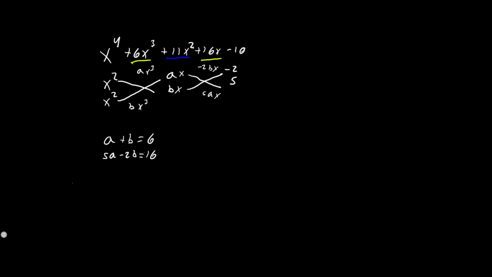So let's guess 4 plus 2 is equal to 6, and 5 times 4 minus 2 times 2 is equal to 20 minus 4, which is equal to 16. So we just got our solutions already without having to solve it.